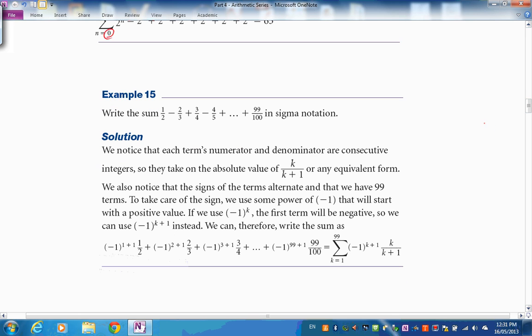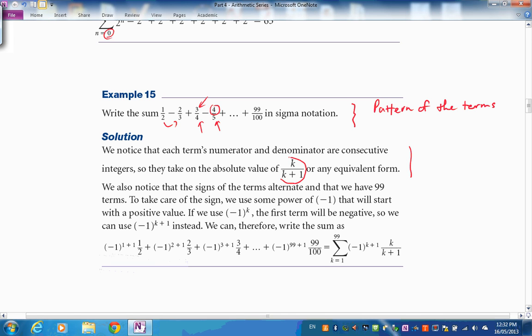And in example 15 here, well, this is a bit hard. They want us to write this in sigma notation. So we will need to find the pattern of the terms for a start. And it isn't an easy one. It's not a common difference or a common multiplier here. What do we notice? Well, Pearson's is helping us here. First of all, we notice the term on top, call it k, the one underneath each time is one more.